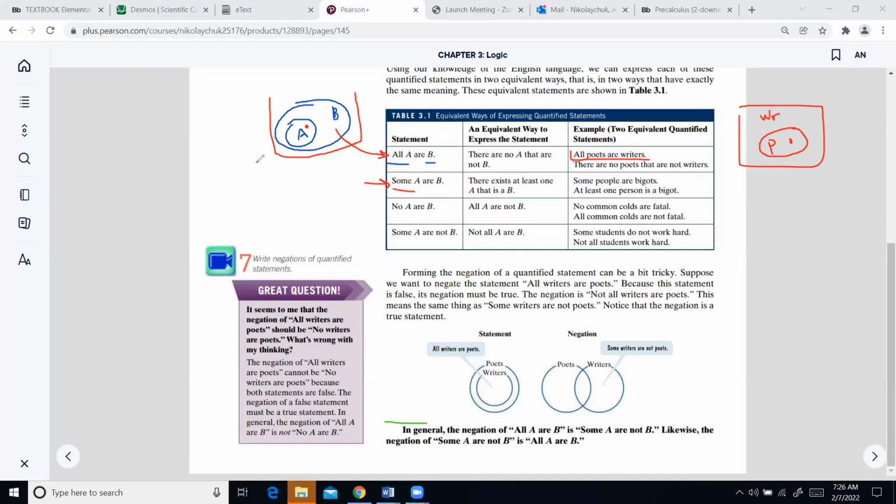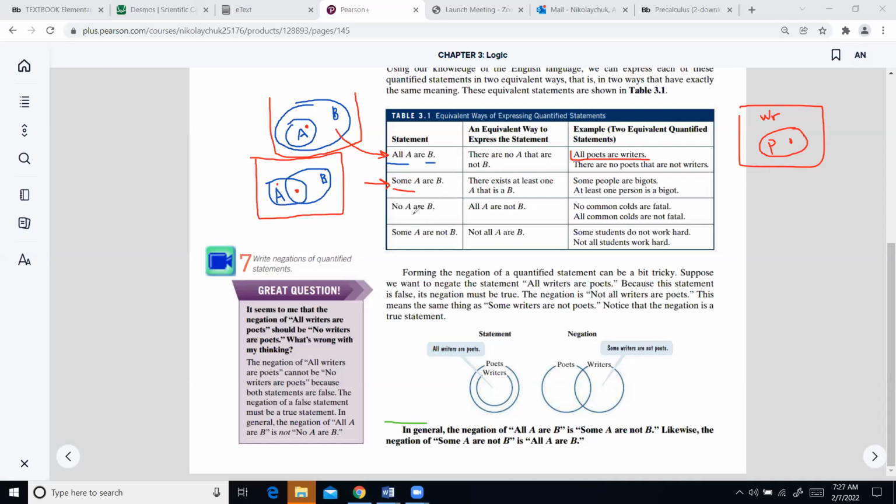The difference is that there are some elements of A that belong to B. If I think of it in terms of a Venn diagram, and put B here just like before, now A does not have to be entirely inside of B, because some elements from A are also in B, but some elements may not be inside of B. So the difference is that sets A and B could just be intersecting, and A does not have to be entirely inside of B. That's interesting to think about, right?